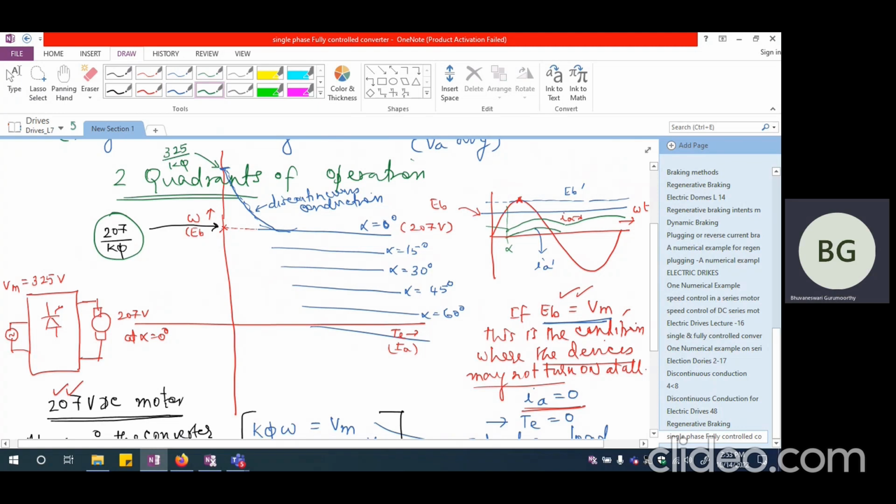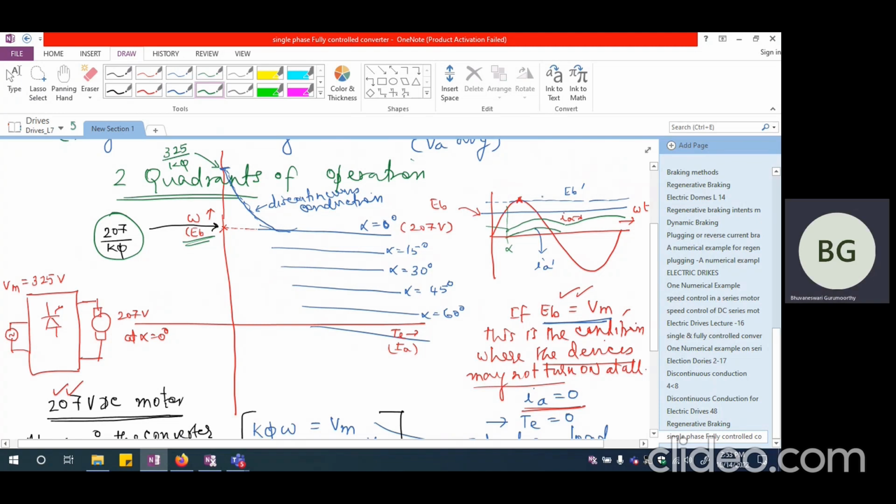So for a converter fed separately excited DC motor, the ideal no load speed is almost 1.57 or 1.6 times that of the ideal no load speed for a DC supply fed, battery fed DC motor.